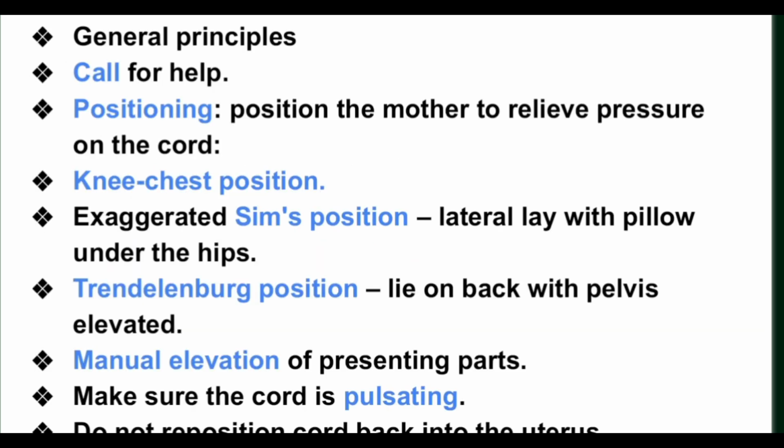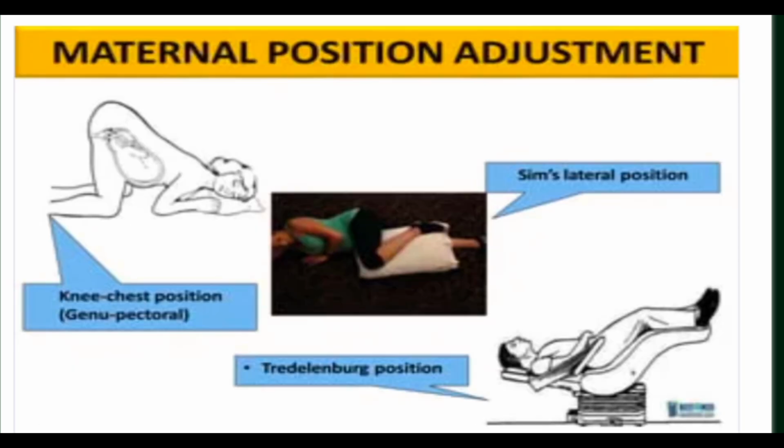So for the management of cord prolapse, firstly, we need to call for help. When we call for help, we involve the midwives, neonatal team, and also the nurses. Then we need to position the patient in three prominent positions. So I'm going to show you the three prominent positions.